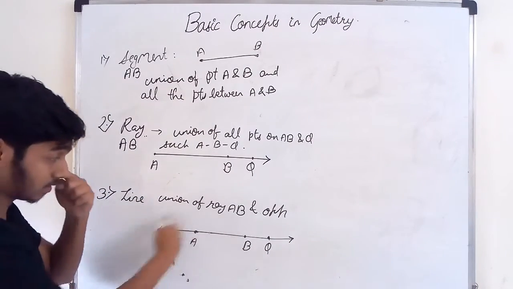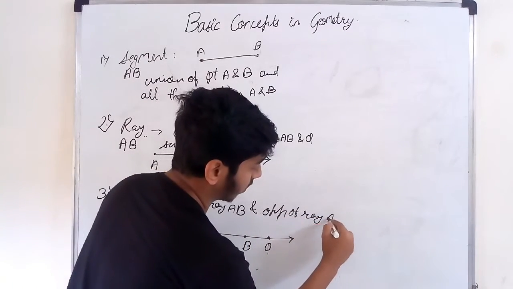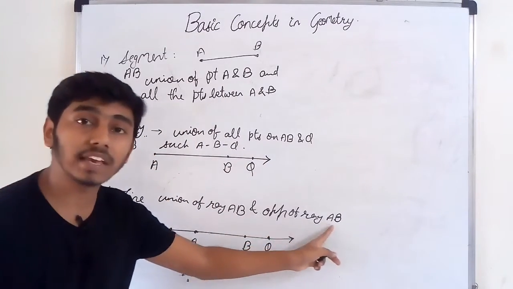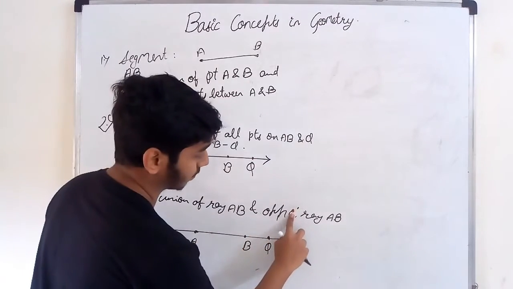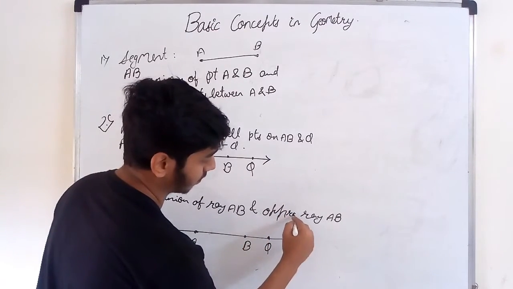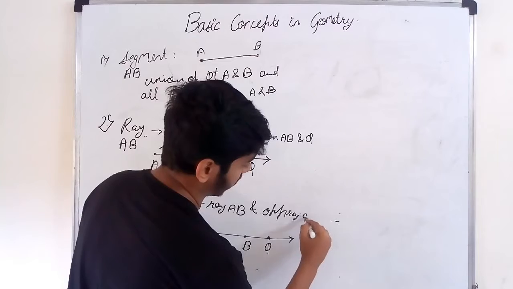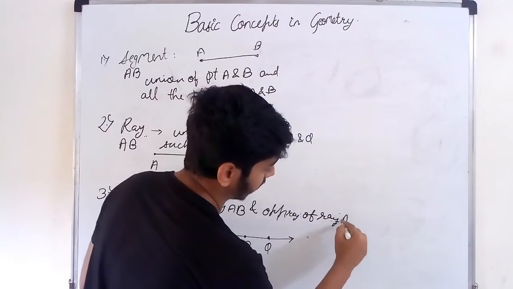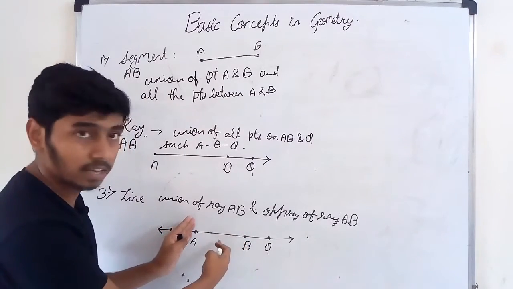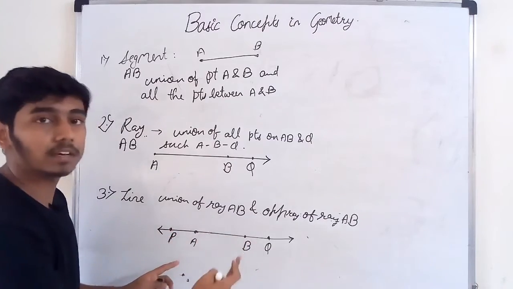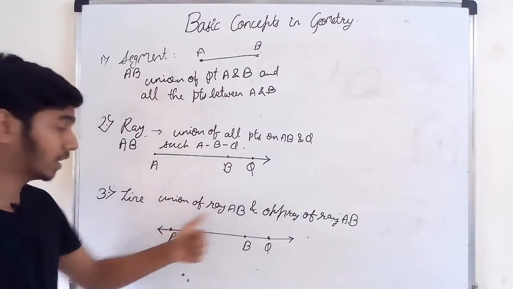You draw the ray AB, and you draw an opposite ray to ray AB. That is also included, and that is called a line. So I'll repeat it once again.